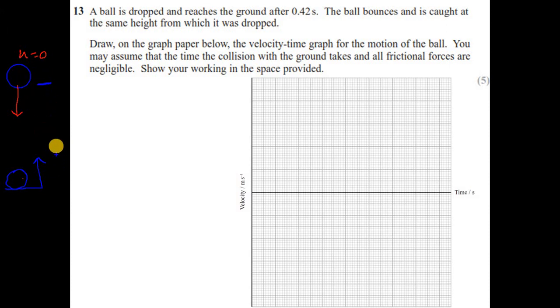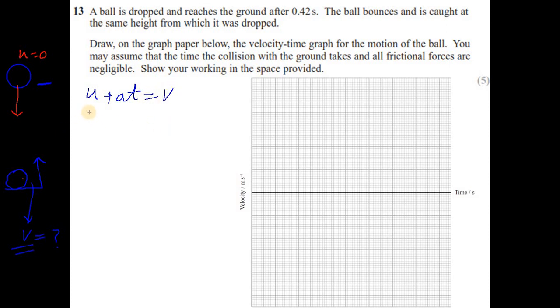Okay, so we need to plot a velocity-time graph. That means we need to find the velocity at the time of bounce. This is v, the question mark that we need to find. In order to find v, I'm going to use the equation u plus at is equal to v.